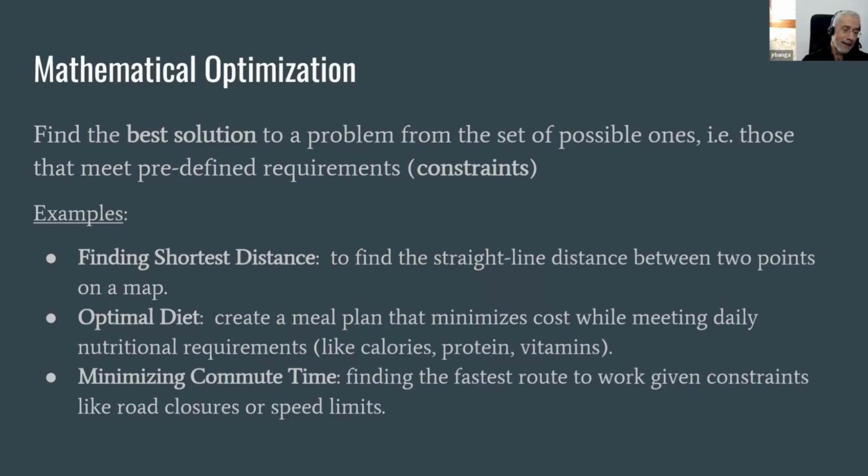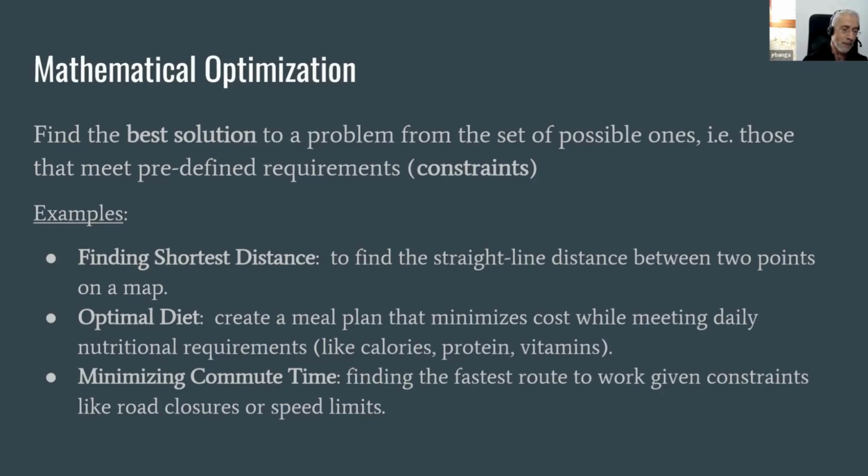And another example: you have to commute from your home to work, and you want to find the fastest route, but you need to take into account constraints like speed limits. Maybe you have to drive on the highway for some time, and there is a speed limit there. But one day you find that a road or street is closed, so you need to find an alternative way, but you still want it to be the fastest.